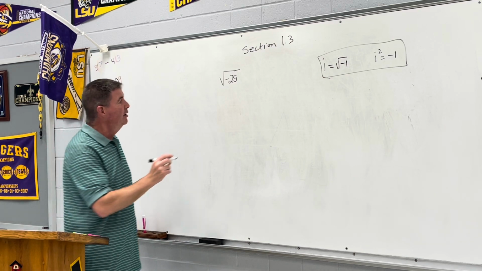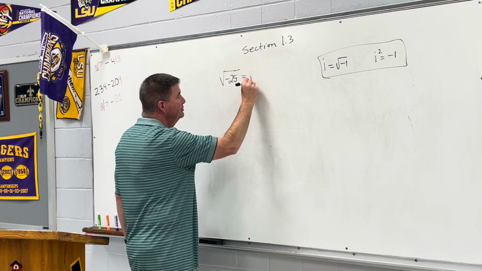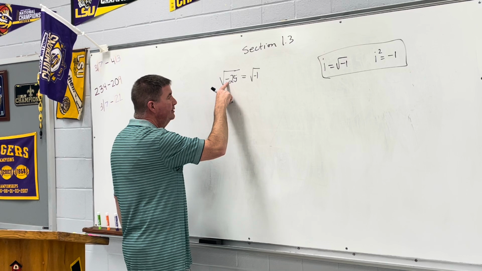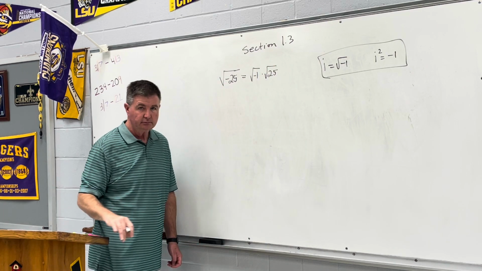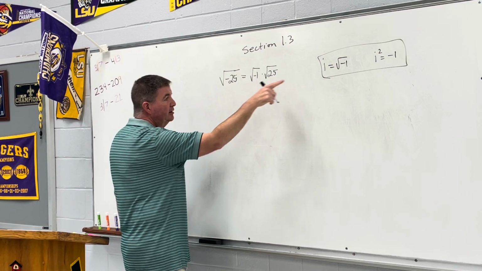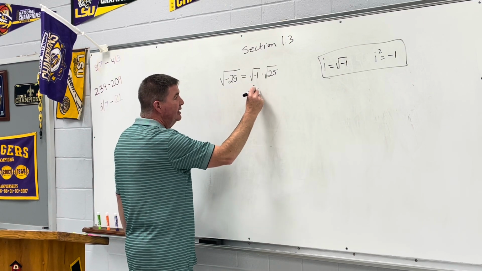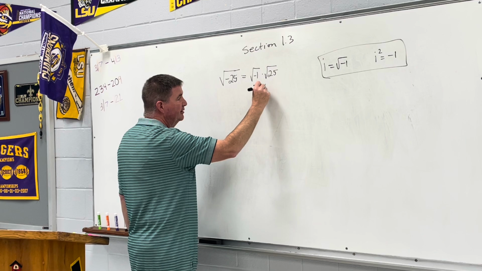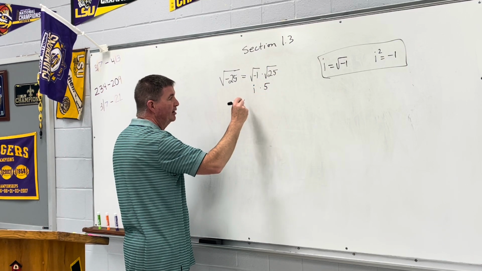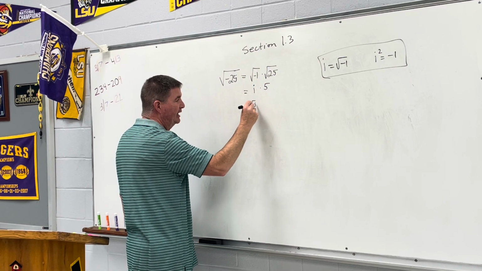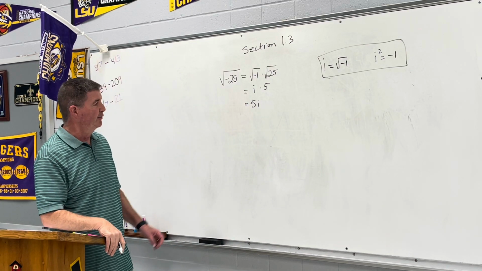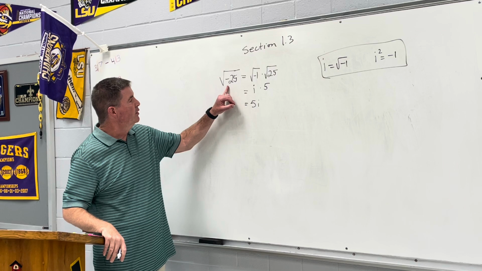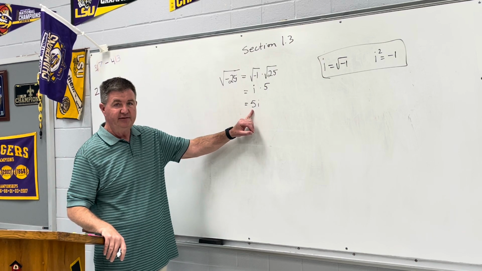But now we can separate this into the square root of -1 times the square root of 25. The square root of -1 is i, and the square root of 25 is 5. So when we multiply these two together, we get 5i. We put the number before the i. So the square root of -25 is 5i.